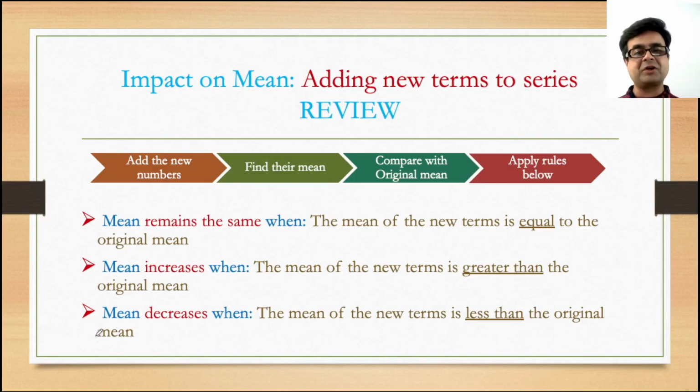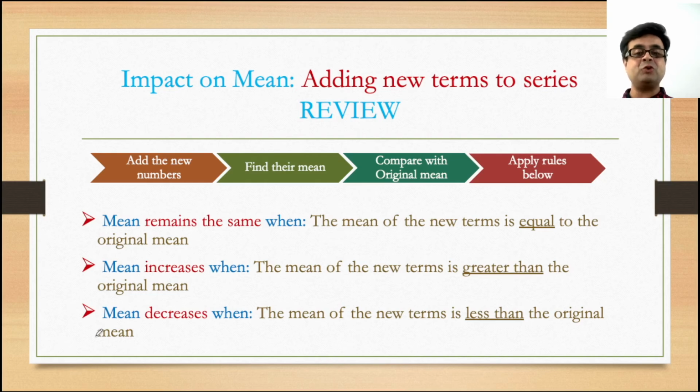So here is a quick review. We follow the 4-step process that we talked about. When new terms are added to the series, we follow this 4-step process and apply the rules. And the rules are, if the mean of the new numbers is same as the mean of the original series, then the mean of the new series is same as the original.